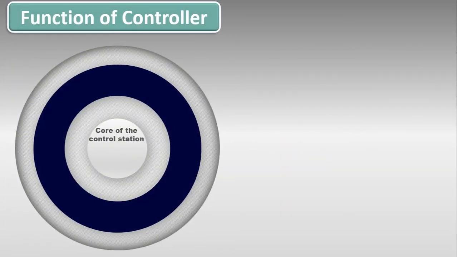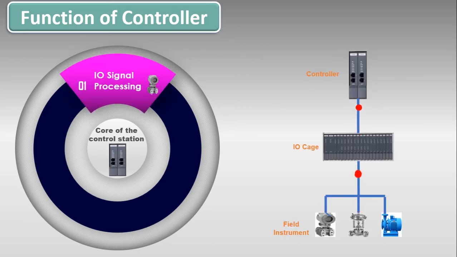Now we see the function of a controller in the control station. The controller is the core of the control station. Let's see the main functions of the controller one by one. Firstly, all the I/O signal processing of the field is done by the controller. First, the real-time signal from the field comes to the I/O cages to their dedicated card according to the type of signal.